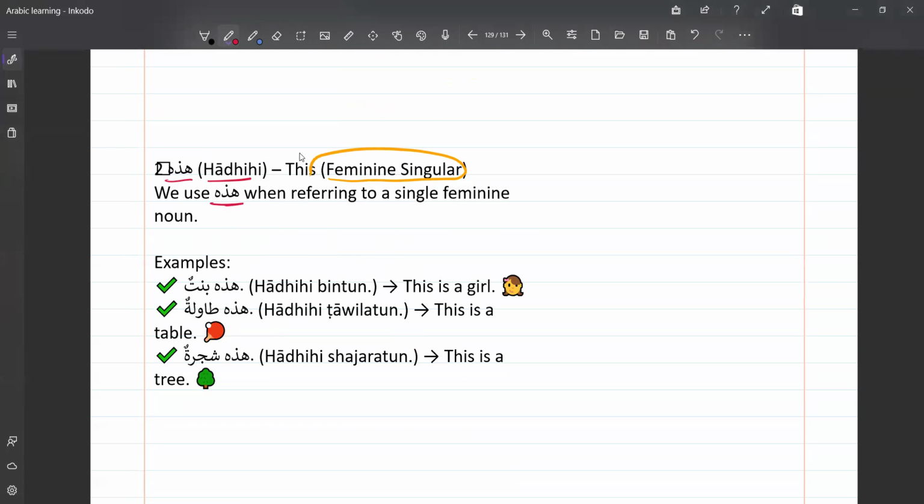Again, هذه means the same, this, but it is used for feminine singular. So to say this is a girl, you will say هذه بنت. Bintun means a girl in Arabic. If you want to say this is a table, you will say هذه طاولة.